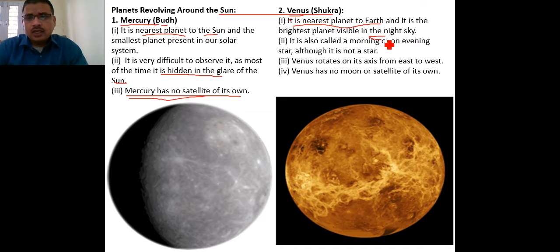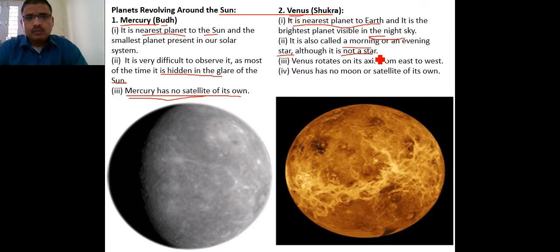Whenever there is a night sky, at that time it is very clearly visible, and it is also called a morning or evening star, although it is not a star.